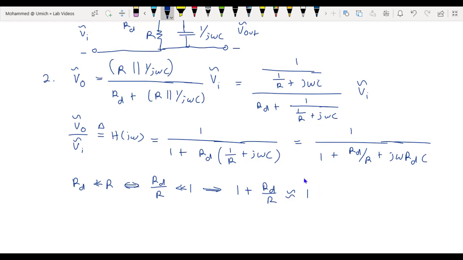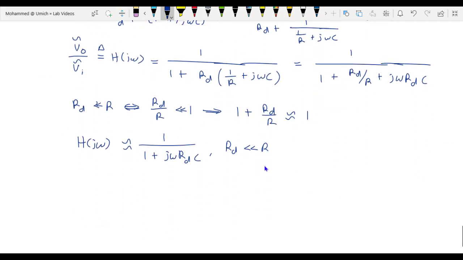And if we use this approximation, we get H of j omega is approximately equal to 1 over 1 plus j omega R_D times C when R_D is much less than R.